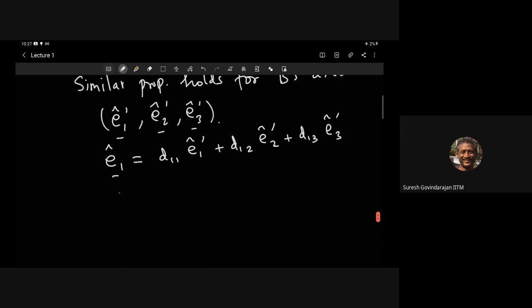Here I'm just saying that E1 is some vector from the viewpoint of B, and I can do this. Similarly, E2 is D21. Do you agree with this?